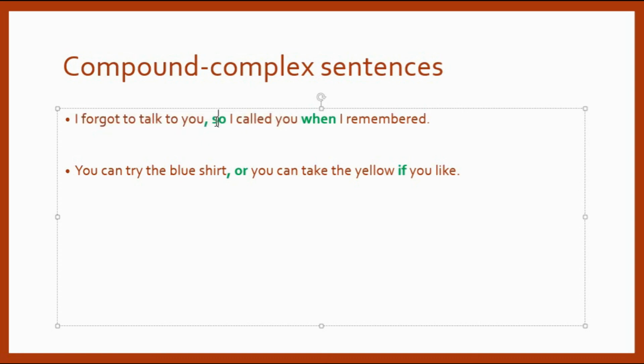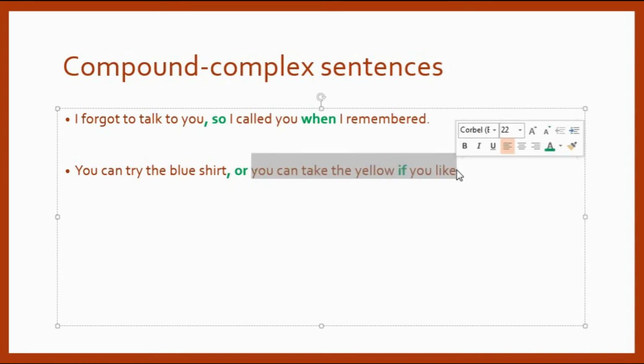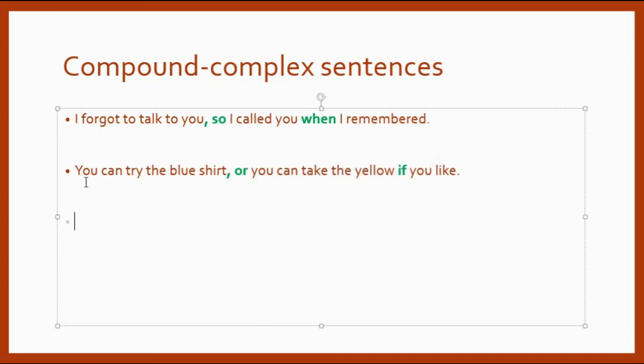So this is in both of them. You can try the blue sheet, or you can take the yellow if you like. So this part is my compound sentence, and this part is my complex sentence, and this part is shared between both of them.